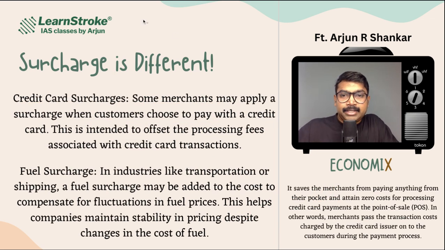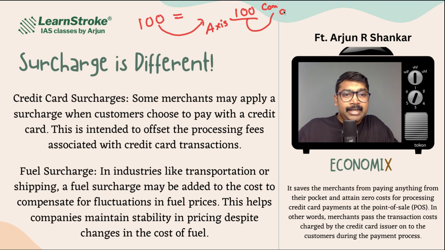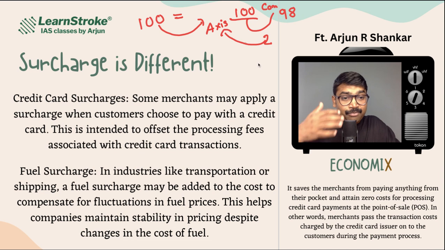Imagine you're paying 100 rupees by credit card. So when you pay through the credit card, the company is getting 100 rupees. But imagine that you have used an Axis Bank credit card, and what the company is getting is only 98 rupees. 2 rupees is actually going to the Axis Bank as a platform fee.